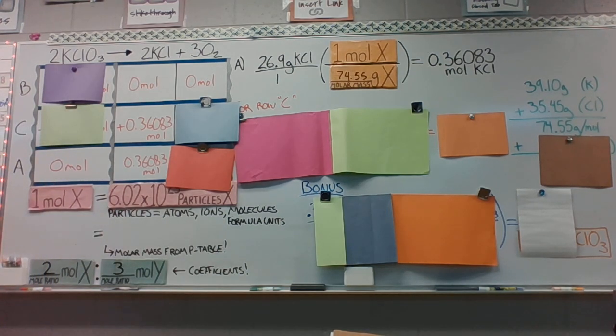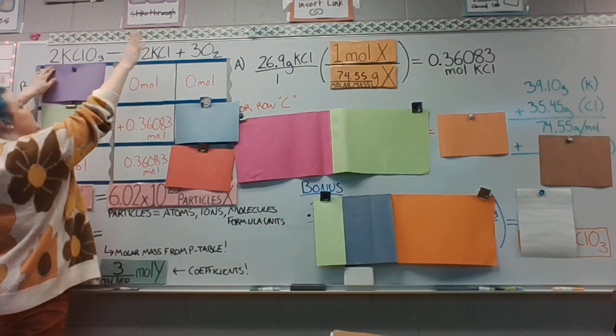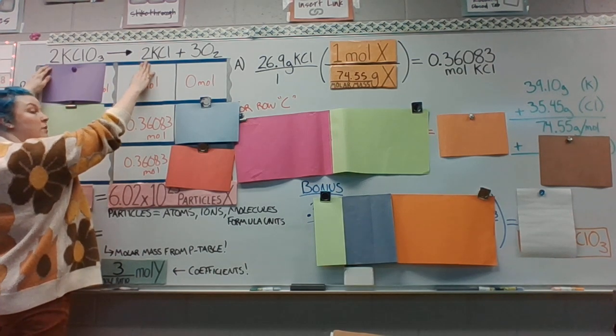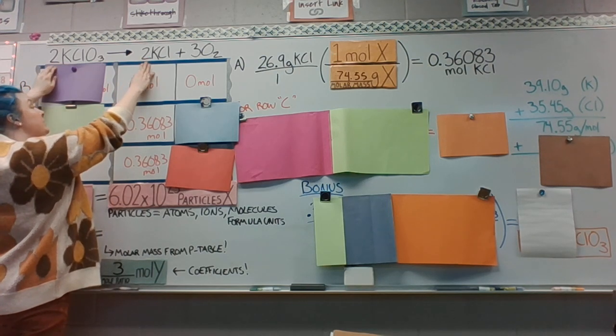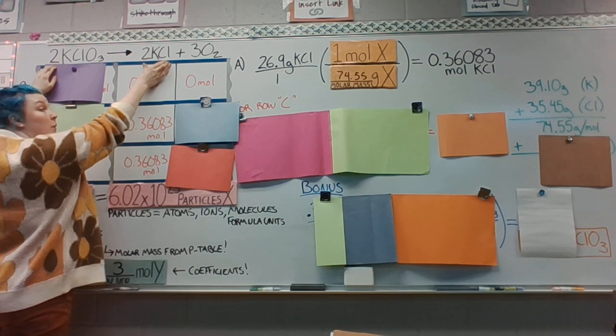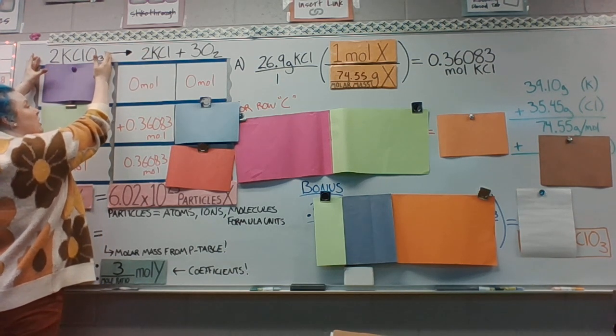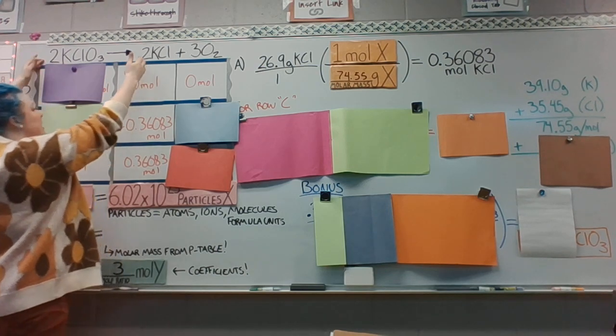Remember, C is for chemistry, but the memory trick is calculating with coefficients. We're using the coefficients to help us calculate this row. So looking at the coefficients of KCl and KClO3, you can see that is a 2-to-2 ratio, or 1-to-1. So that means whatever amount of KCl produced, we will need the same amount of KClO3, because it's a 1-to-1 ratio.